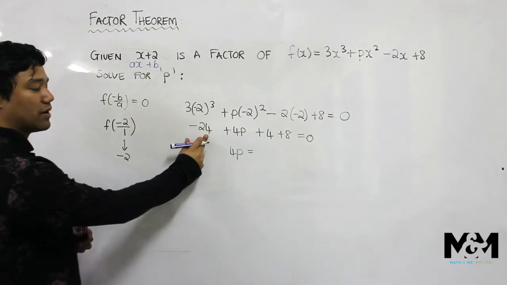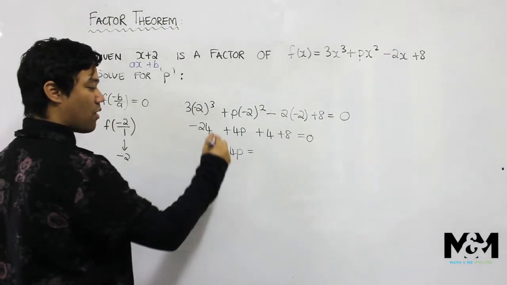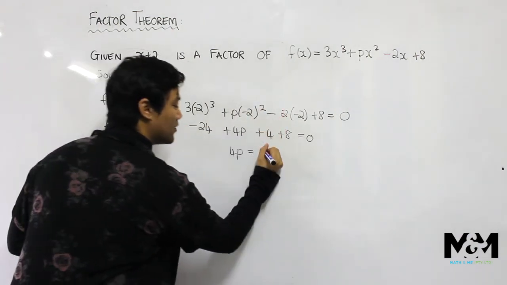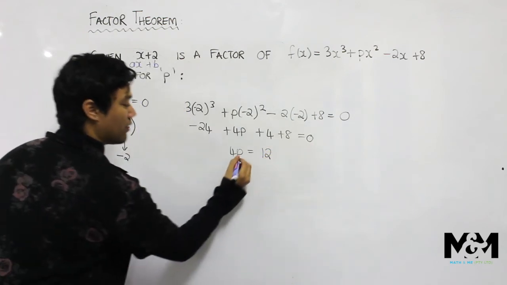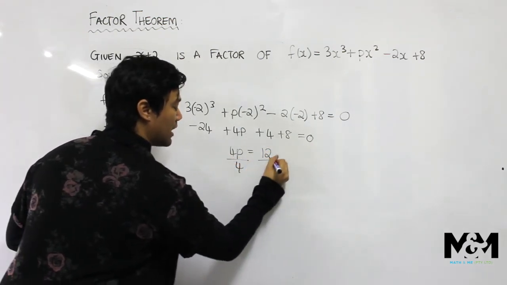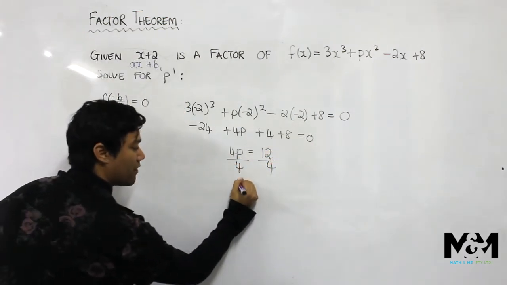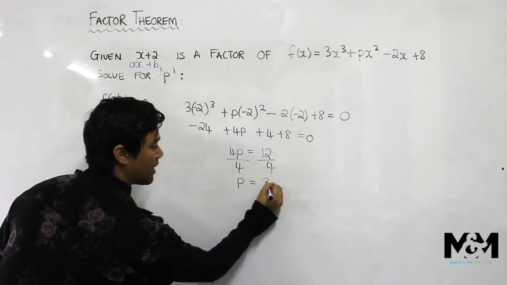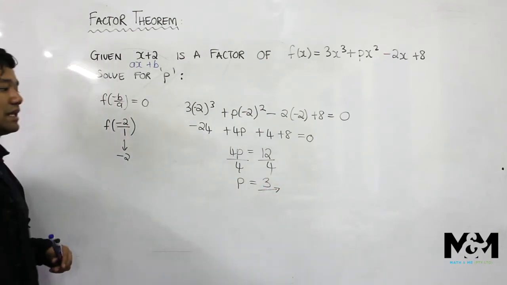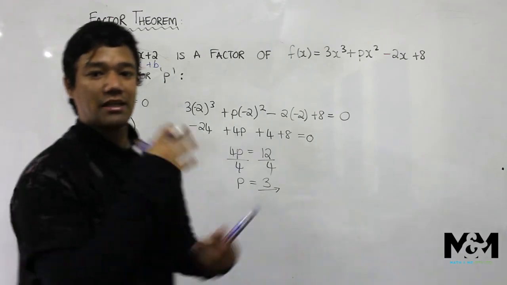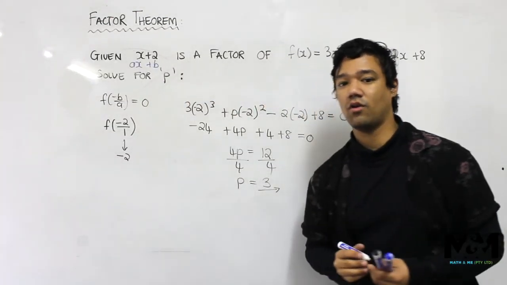Positive 12 minus 24 is negative 12. Taking it over leaves me with positive 12. To get p alone, I divide by 4, and I'll find that I get p to have a value of 3. So that is how I now used factor theorem to solve for p.